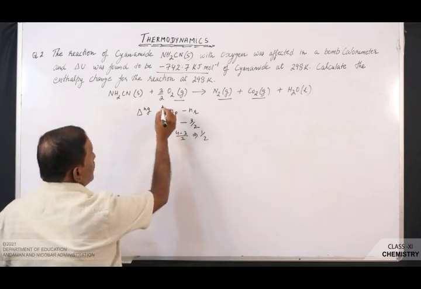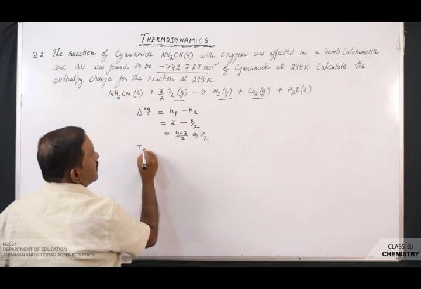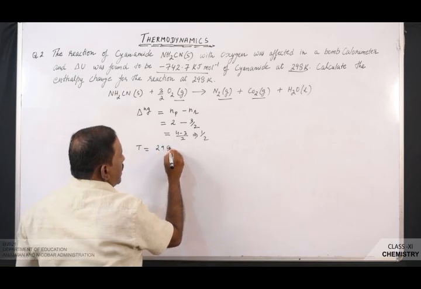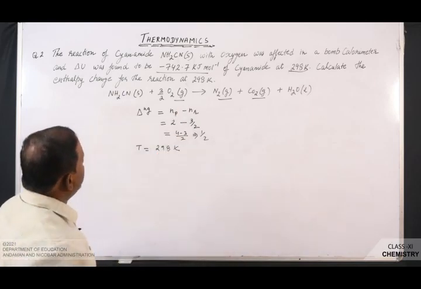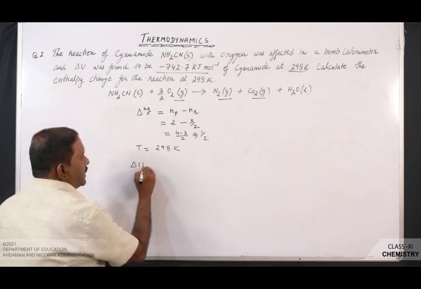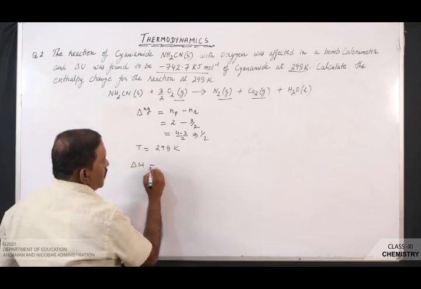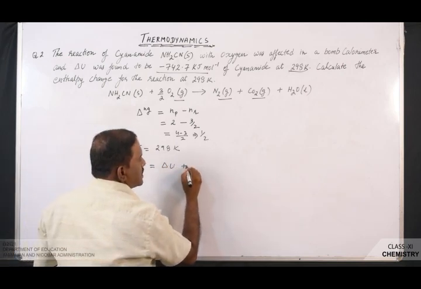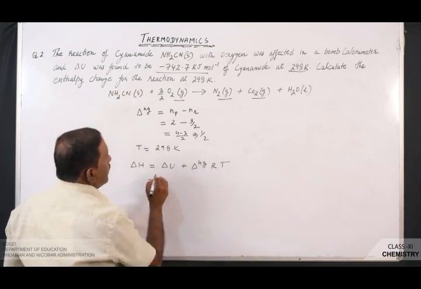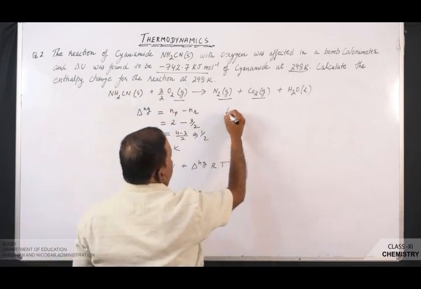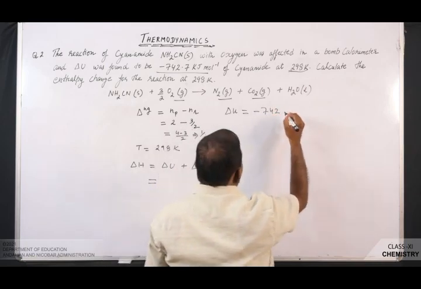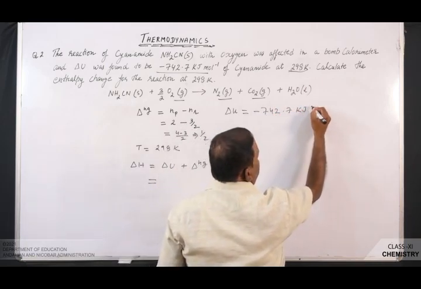Now next is temperature. The temperature is given in Kelvin, 298 Kelvin. So we will write the equation: delta H, the change in enthalpy, is equal to delta U plus delta Ng RT. Now here delta U is given as minus 742.7 kJ per mole.